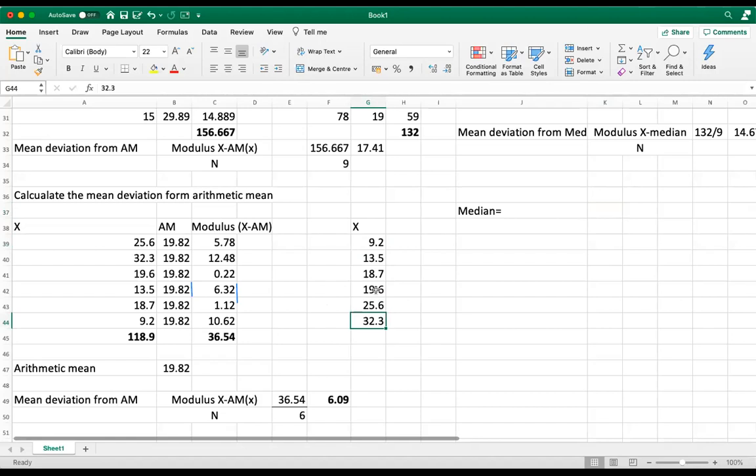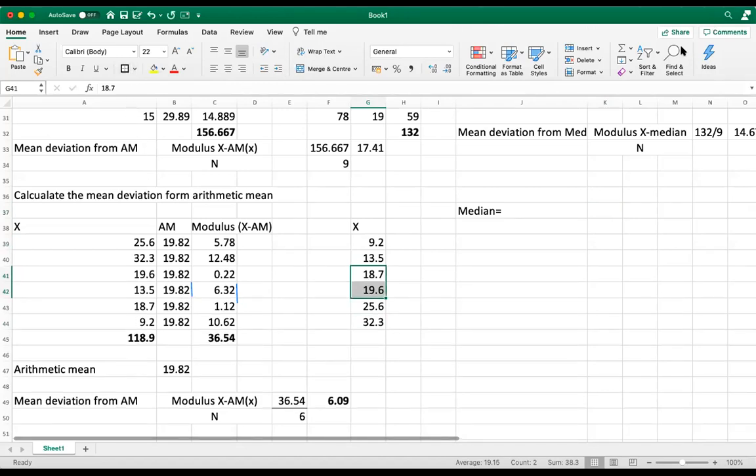So I'm going to consider n plus 1 by 2. So it is going to be the third and the fourth value divided by 2. Correct? These two values, and then the median is going to be here in between. Are you following, all of you?